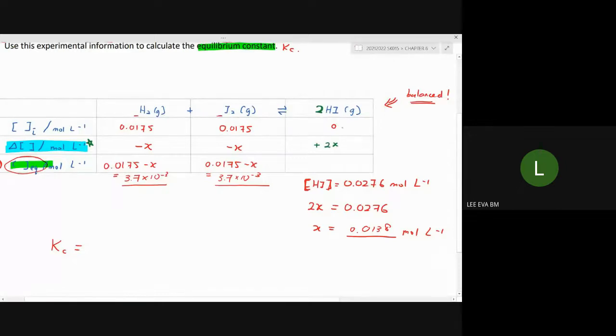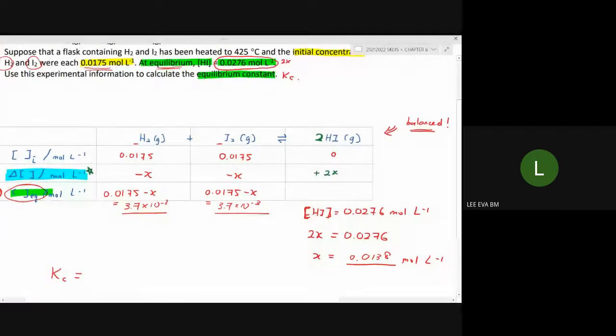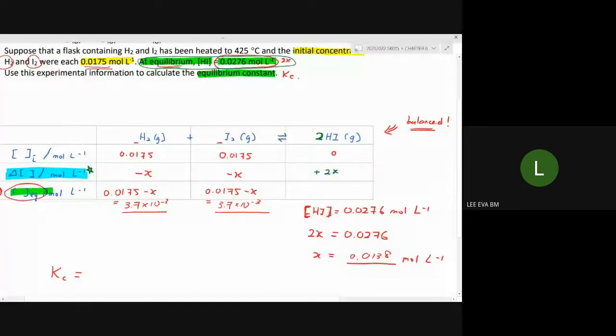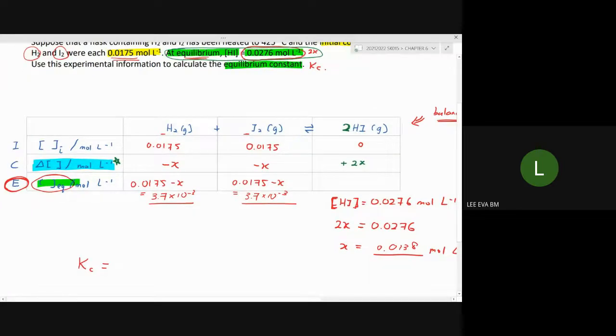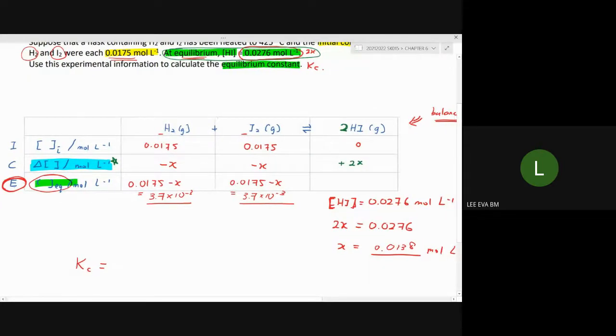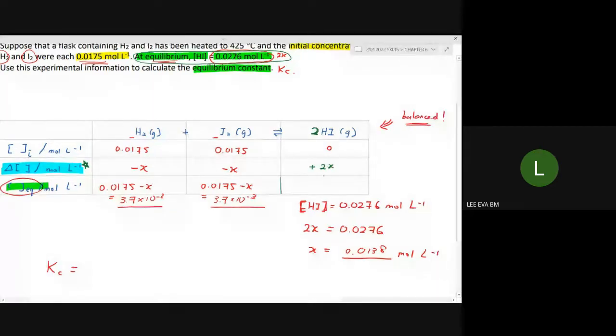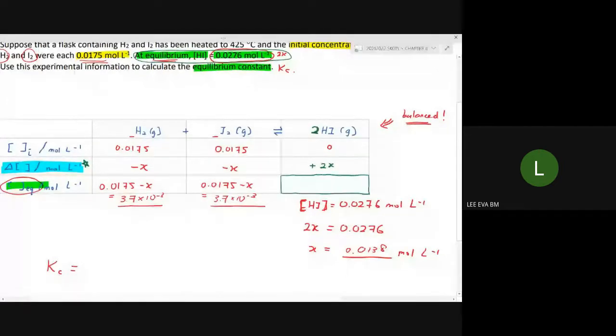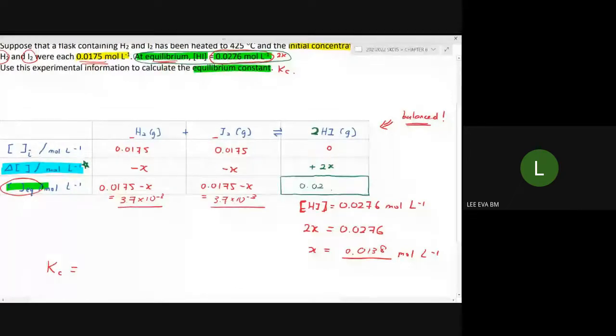Okay, tapi kalau awak ikut ayat dekat sini, ayat yang Madam bulatkan, at equilibrium concentration HI equals to this value. So kalau awak tengok pada kolom yang ketiga untuk E, kolom concentration equilibrium, Madam bulatkan kotak ini. So, dengar baik-baik, concentrations of HI at equilibrium equals to 0.0276.